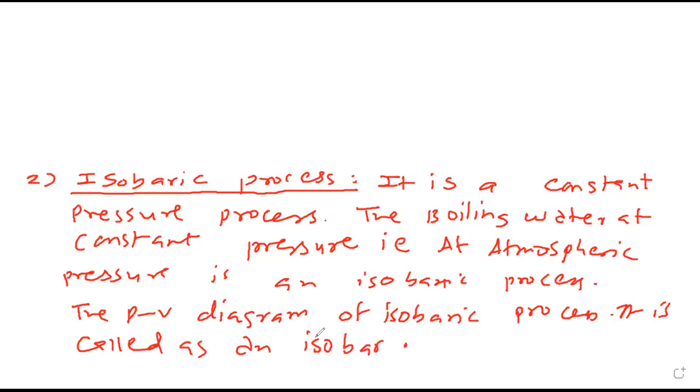Write this much: it is a constant pressure process, boiling water at atmospheric pressure is isobaric, and the PV diagram of an isobaric process is called an isobar.